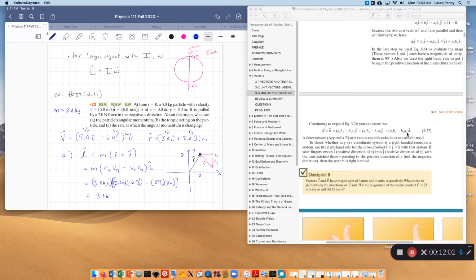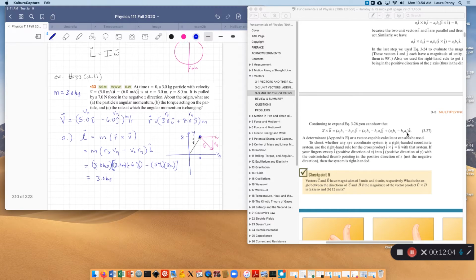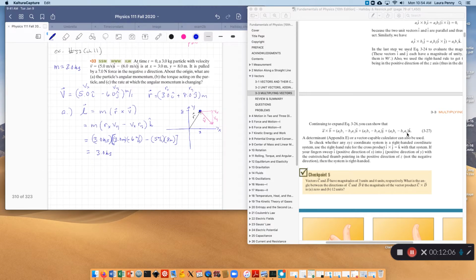So let's not do the mass yet. Here I have 3 times negative 6, so I have negative 18 meters squared per second. And then I'm subtracting 5 times 8, which is 40 meters squared per second.